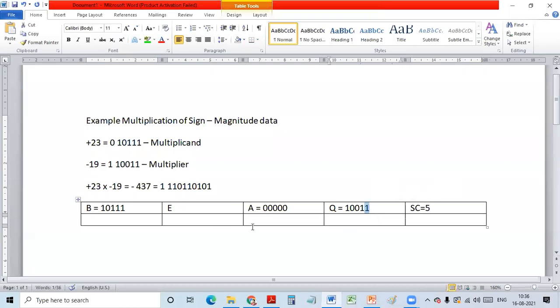Now here QN, the least significant bit, is 1. So as per the algorithm, if the least significant bit is 1, you have to add the multiplicand to the accumulator. B is 10111. Add that to your accumulator.